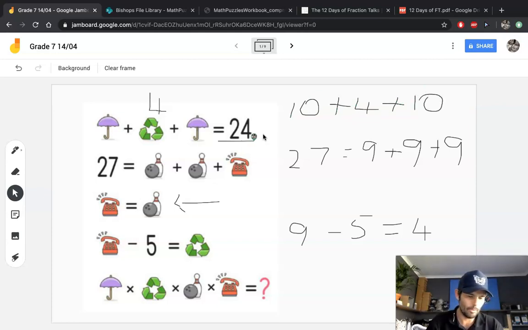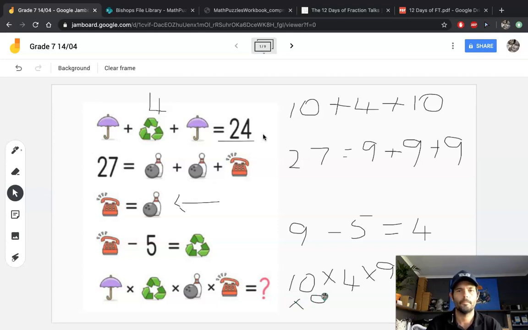Okay, and then right at the bottom, we're going to have 10 times 4 multiplied by 9, multiplied by another 9. So how am I going to do 10 multiplied by 4 multiplied by 9 multiplied by 9?